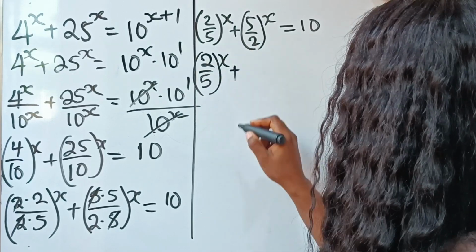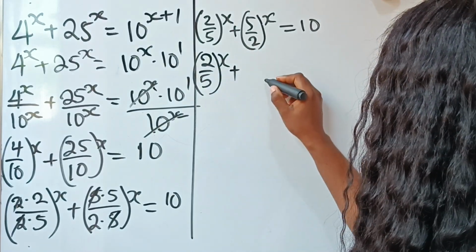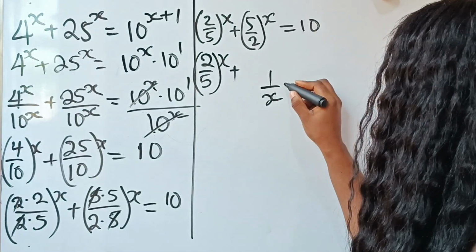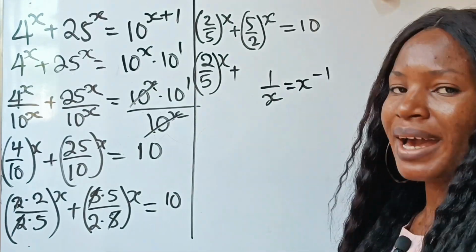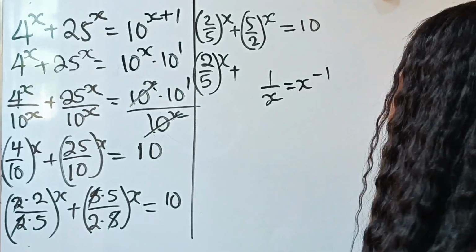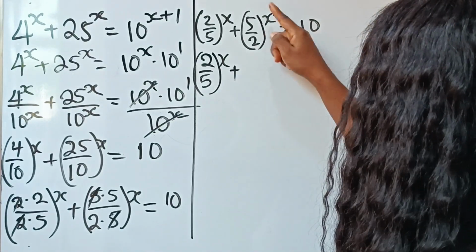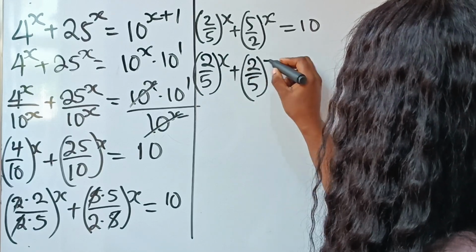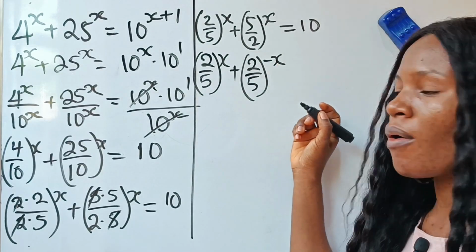now when you have 1 over x, that is when you take the inverse of x, this is the same thing as x to the power of minus 1. That means you need to introduce a negative sign to the power of x. Therefore, if I take the inverse of 5 over 2, which is 2 over 5, then I will introduce a negative sign to the power.